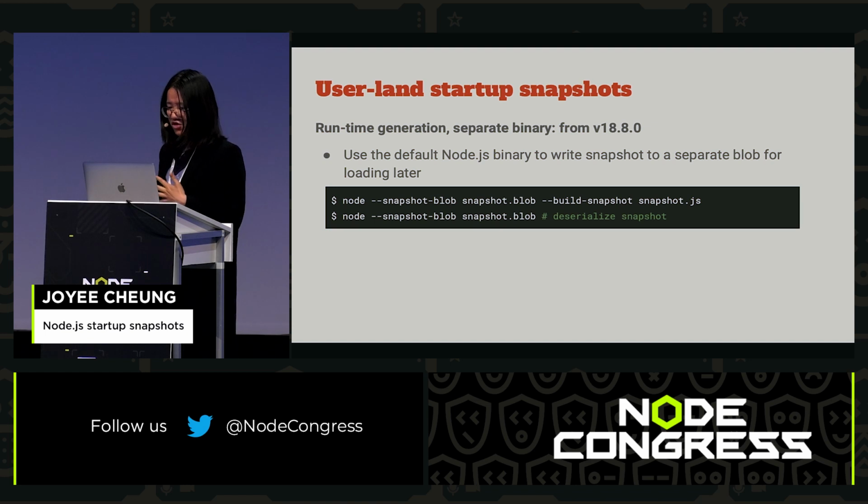And when you launch Node using a custom snapshot, you can again use that --snapshot-blob option to tell Node to deserialize a heap from the specified custom snapshot instead of setting up a default Node core heap. That will help you skip the parsing, compilation, and execution of your own code and help you run faster.